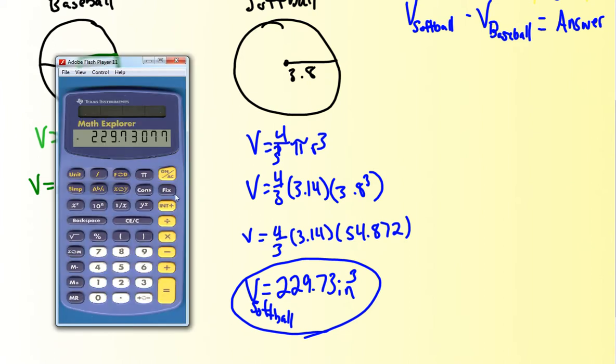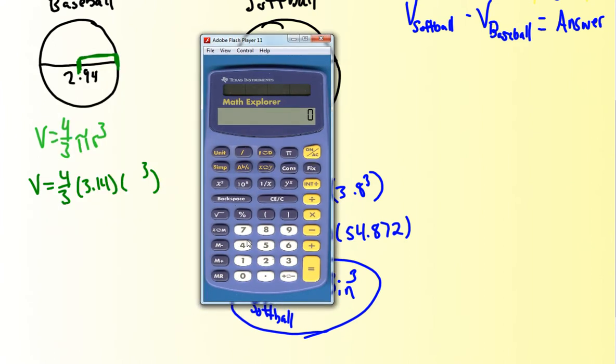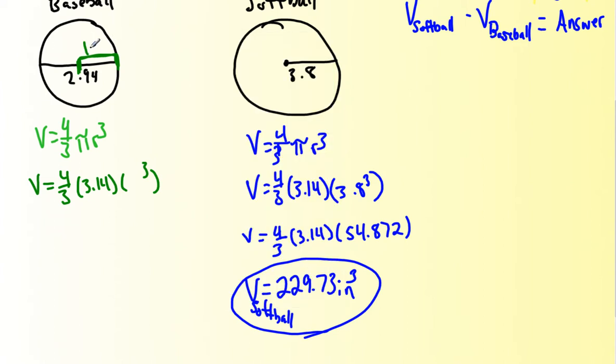So 2.94 divided by 2, that's how you take half of something, divide by 2, gives us a radius of 1.47. That 4 looks like a 9. 1.47.